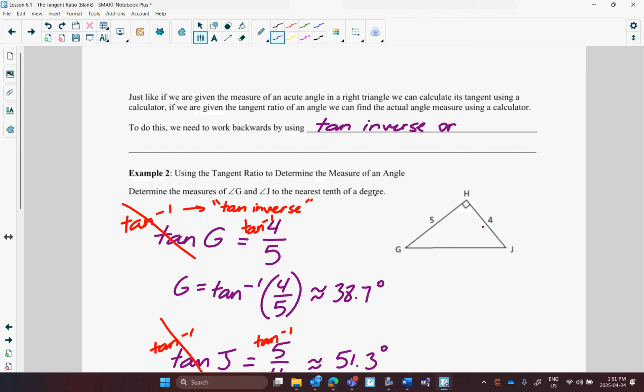On your calculator, it's always going to be shift tan, because it's the second function above tan. I love trig.